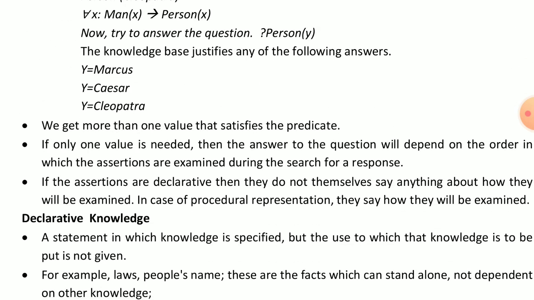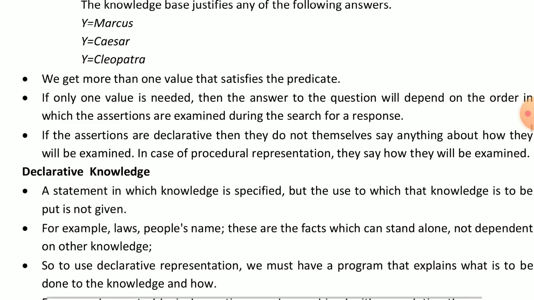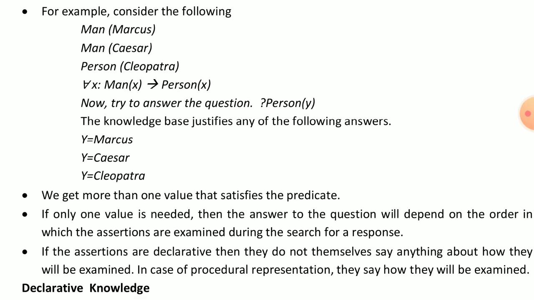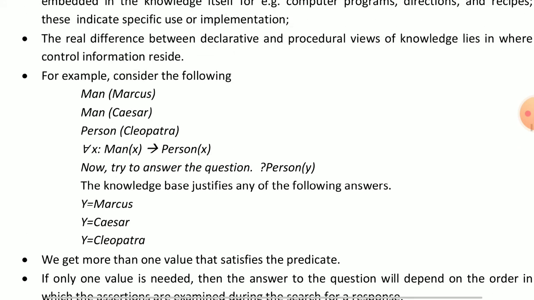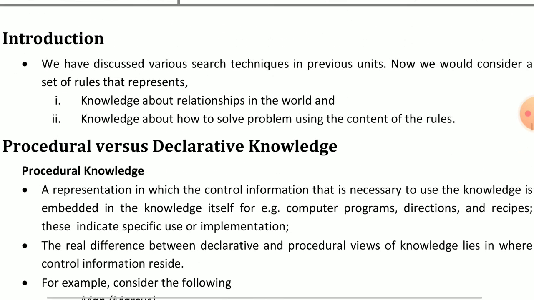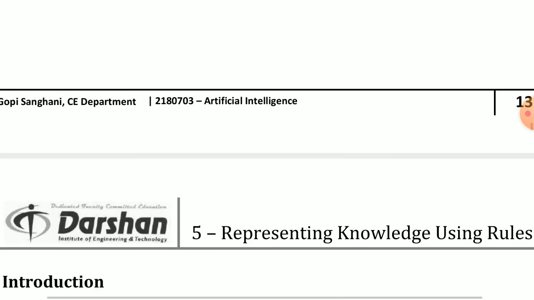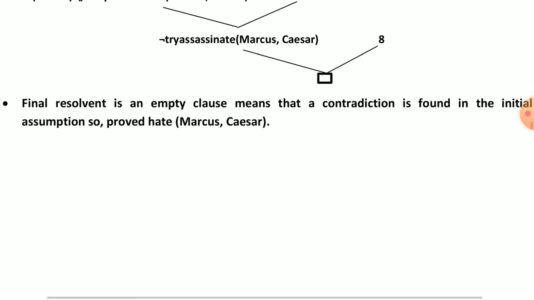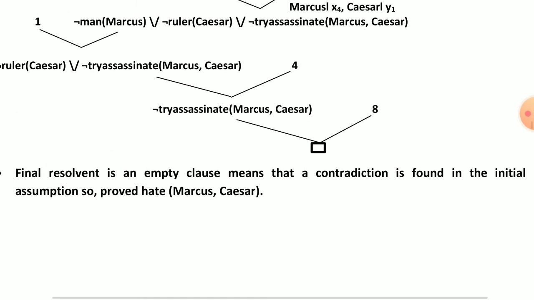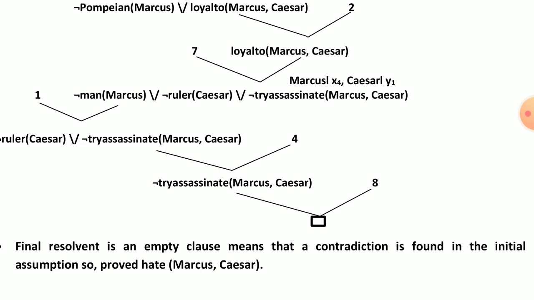Here we can also use the Marcus man, Marcus Pompeian example. So today our resolution topic is completed. Next, procedural versus declarative knowledge, another topic, I will start in the next video lecture.